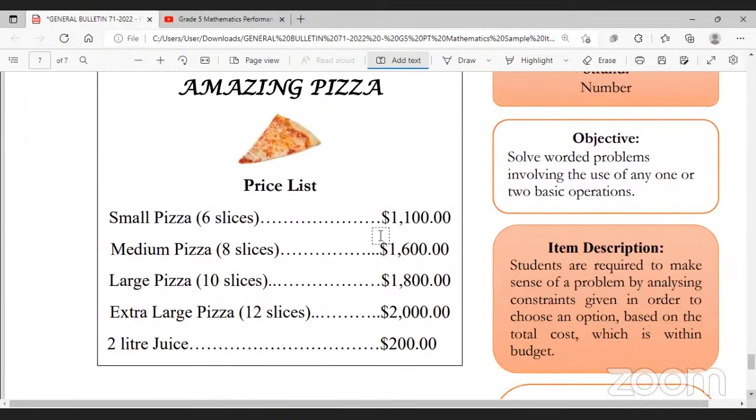So the cost for the sizes of pizza from Amazing Pizza are, for the small pizza, $1,100. For the medium pizza, $1,600. For the large pizza, $1,800. And for the extra large pizza, it's $2,000. And the 2-liter juice is for $200.